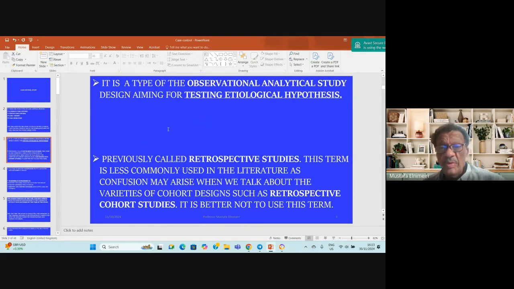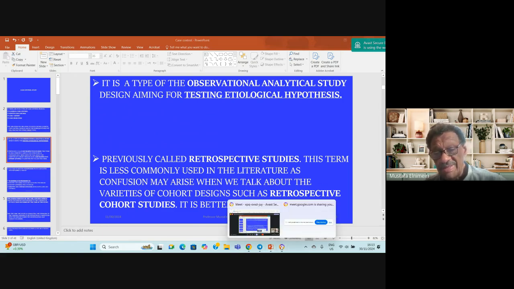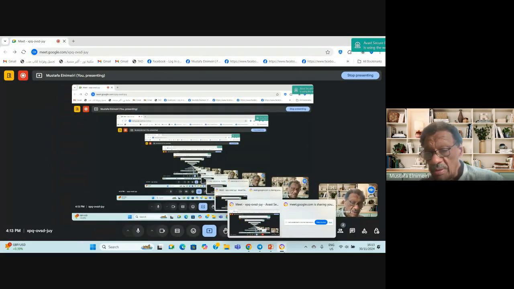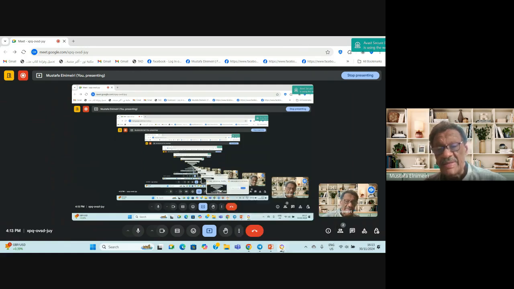It is a type of observational analytical study designed mainly for testing etiological hypotheses. In other words, testing etiological association between exposure to a certain disease agent and the disease.